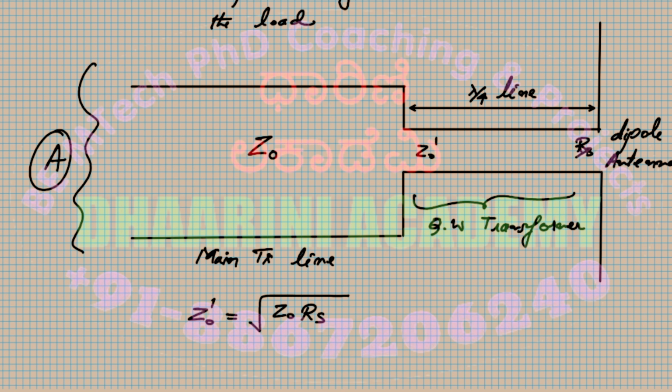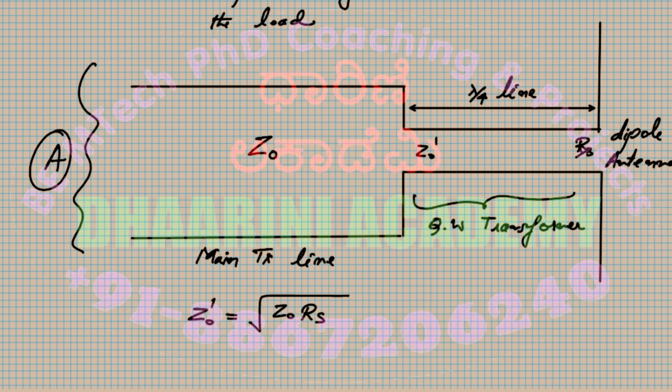That is called multiple stages of lambda by 4 line. It is called broadband impedance matching. There is a whole new concept coming up. Again, that's not in our syllabus. But when you go for the actual manufacturing of some circuit where you have an antenna and a circuit, with a wide band of frequencies being transmitted through the antenna, you have to study a concept called broadband impedance matching.